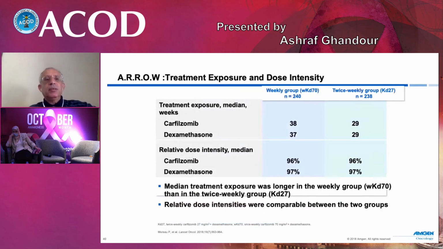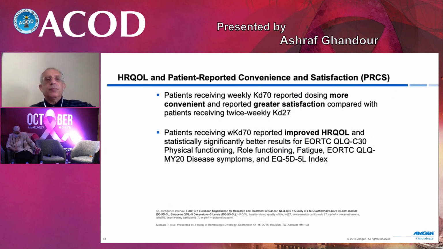Treatment exposure: as you can see here, carfilzomib is given once weekly. Median treatment exposure was longer in the weekly group than in the twice-weekly group. Relative dose intensities were comparable between the two groups.